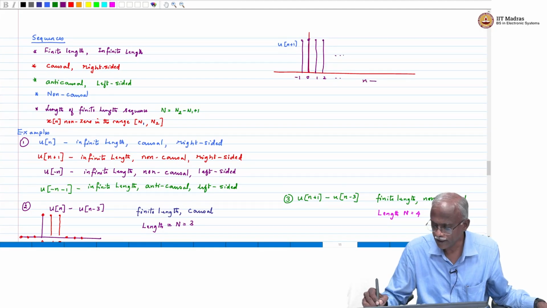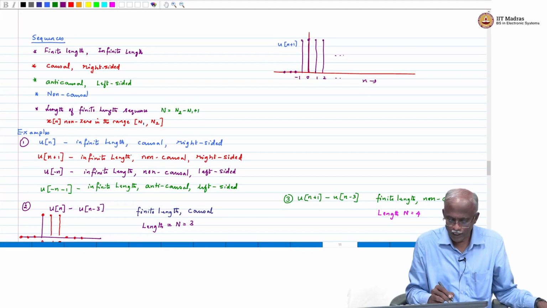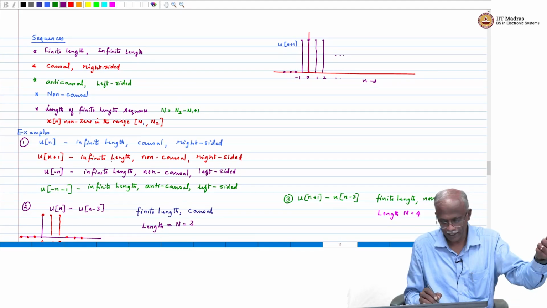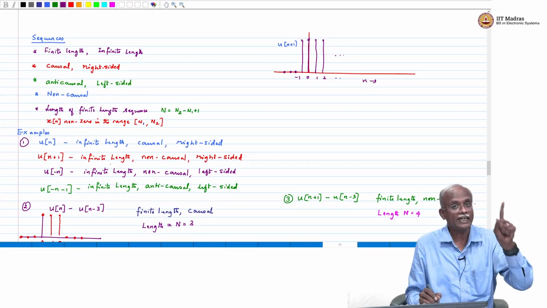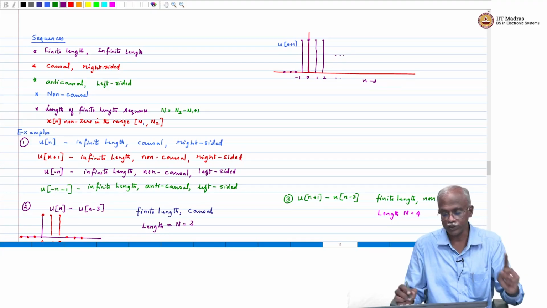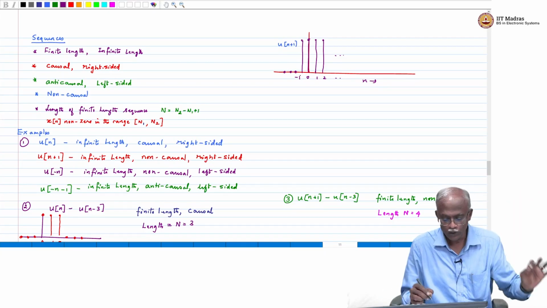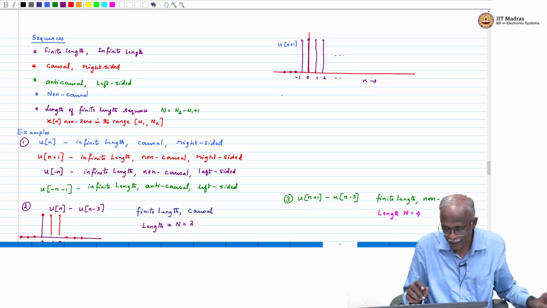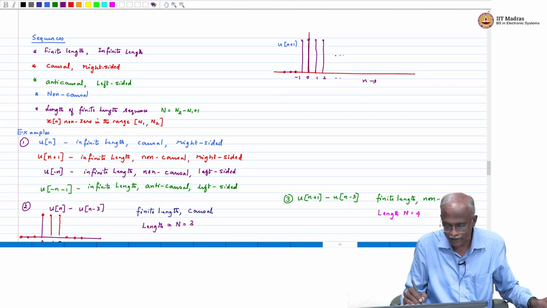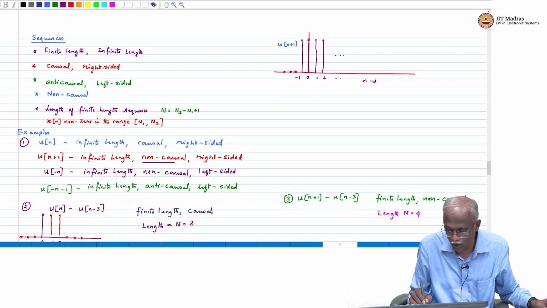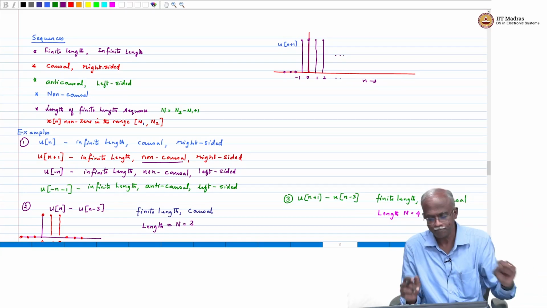So, this is n, and then you have zeros in this region. u of n plus 1 is infinite length, it is right-sided, but it does not satisfy the condition for causality, because n equal to minus 1 has got a non-zero value. So, it is not a causal sequence, and it is not anti-causal either. So, basically we call it a non-causal sequence. It is infinite length, non-causal, right-sided.